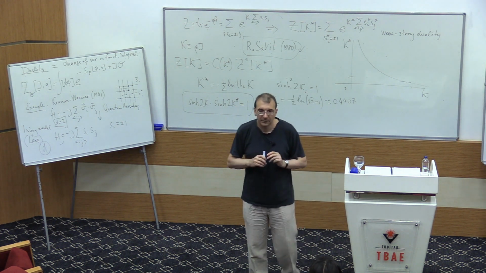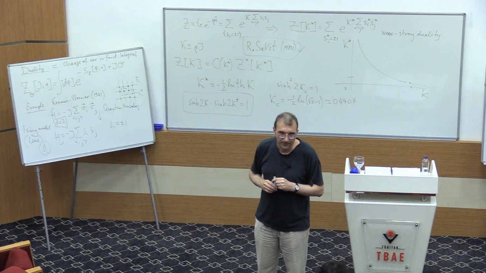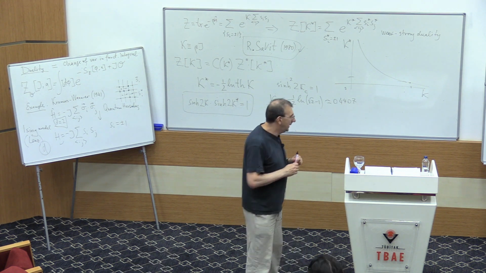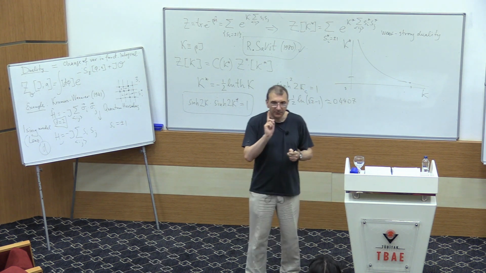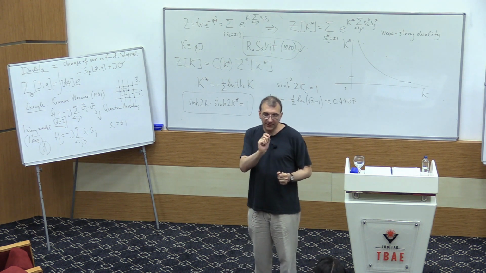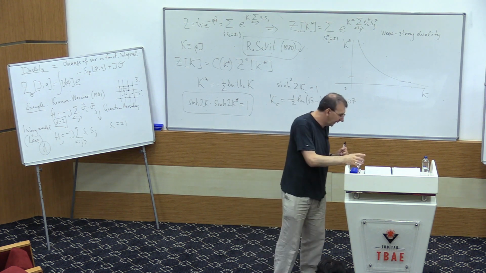Yes? Are phase transitions usually expected in the transition between the two duals? You see, there is no transition between duals. The dual is just the same Z, right? So it's the same system, like water.